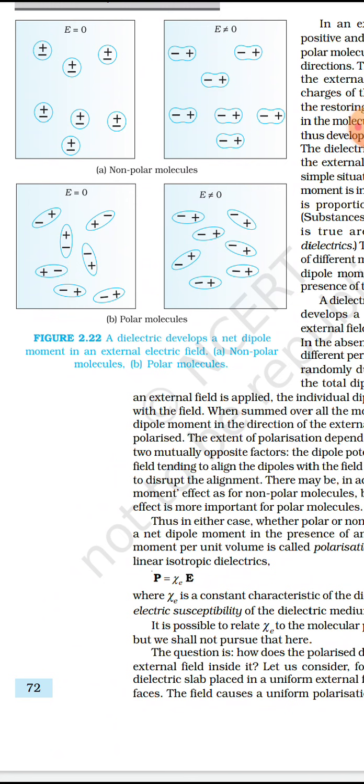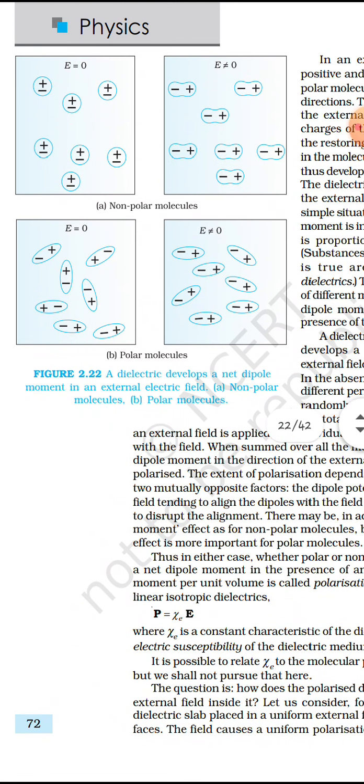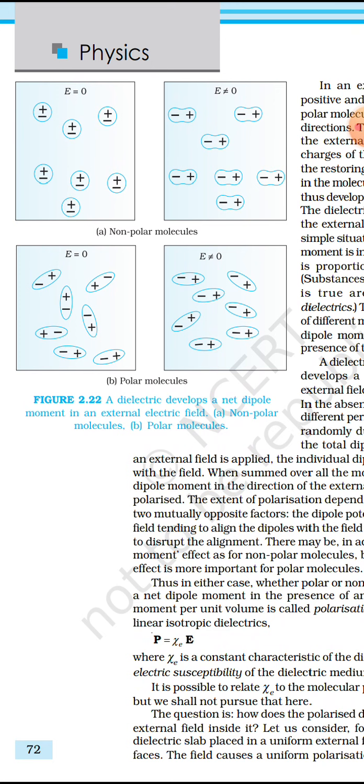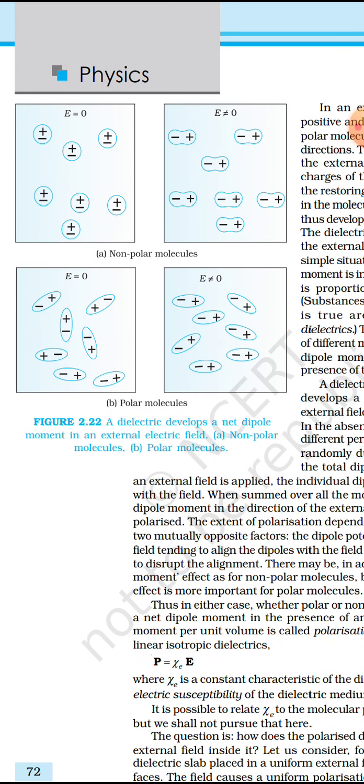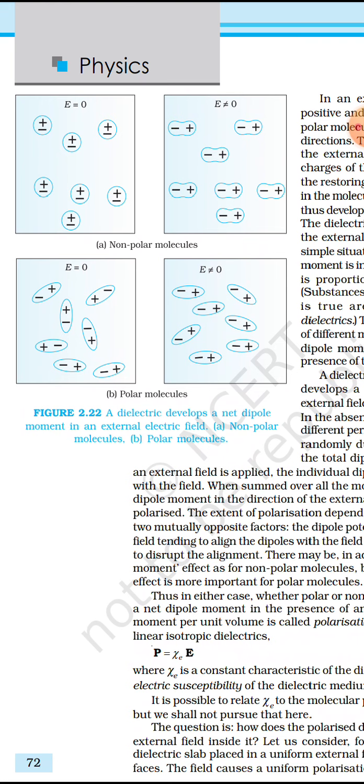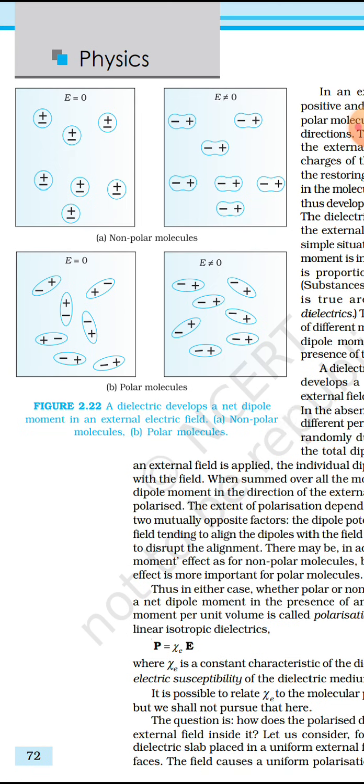Non-polar molecules have positive and negative charges like a circle, where the electrostatic field E is equal to 0. But if the positive and negative charges are in a straight line, there will be a gap between them, and it is like an oval, so E is not equal to 0. If the two are in different shapes, one up and one down, the electrostatic force is equal to 0. But it is not equal to 0 when all the positive charges are on one side.